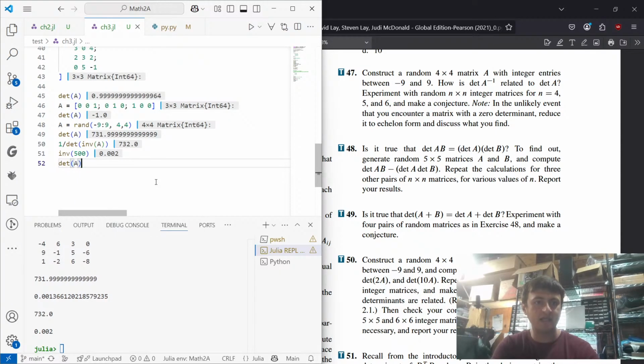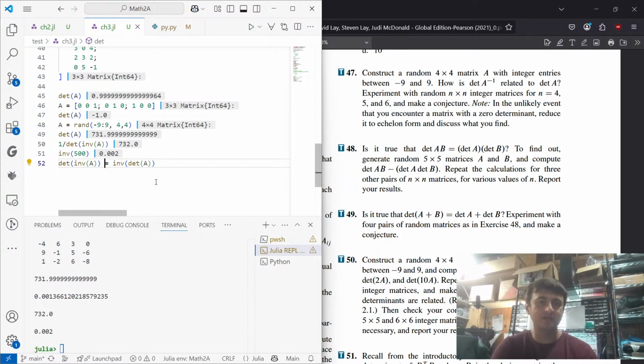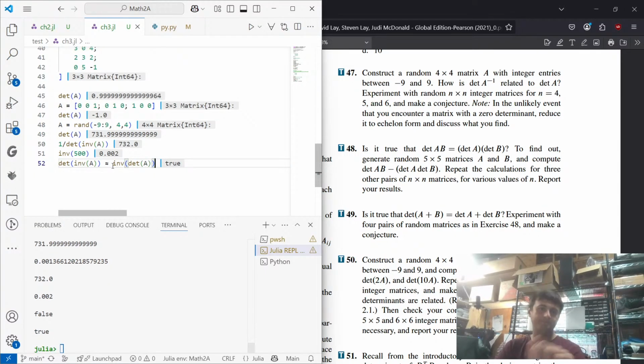So det inv A is equal to inv det A. That's really cool. Okay, so yeah, det inv A is equal to inv det A. That's really cool.